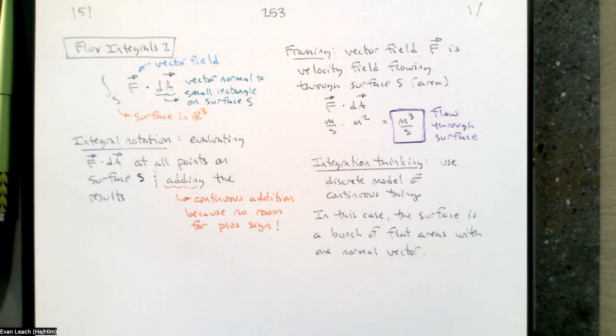In this case, we model the surface as a bunch of flat areas with just one normal vector.